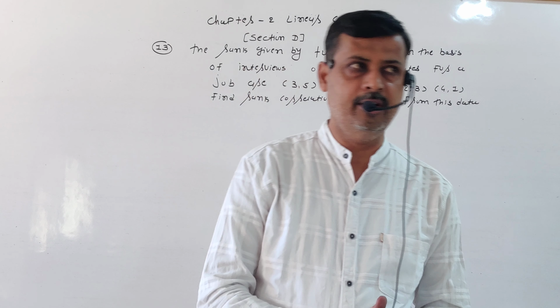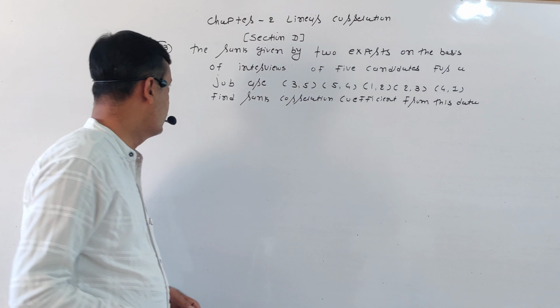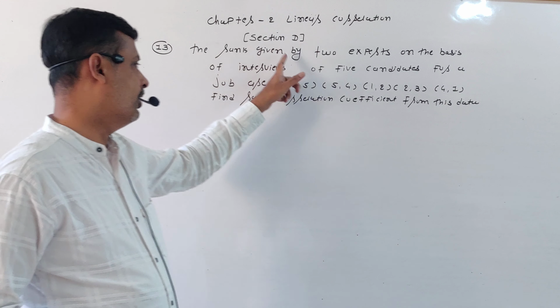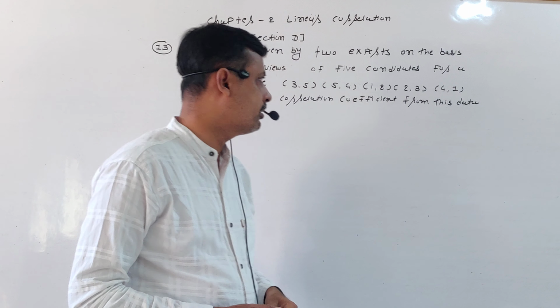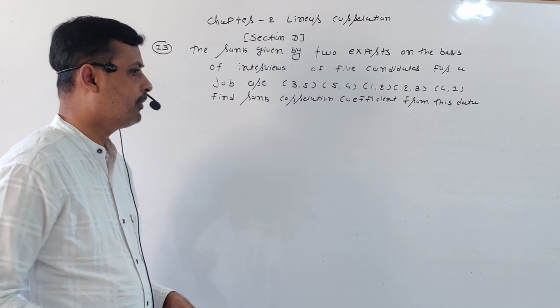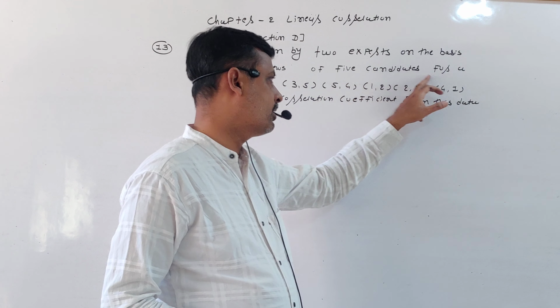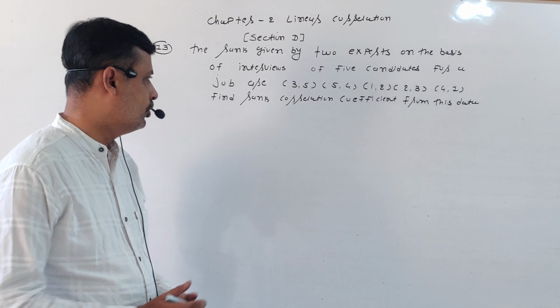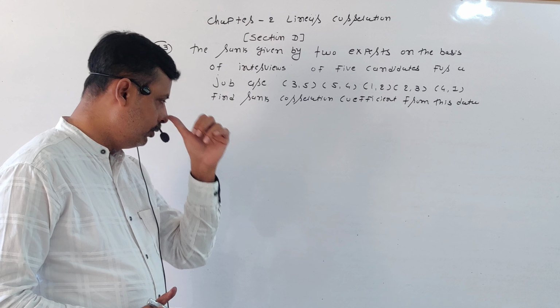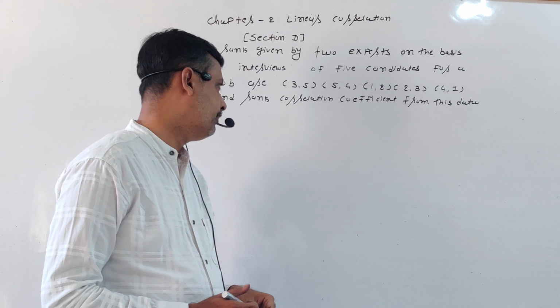Now section D, example number 13. The ranks given by two experts on the basis of interviews of 5 candidates for a job are 3, 5, 5, 4, 1, 2, 2, 3, 4, 1.